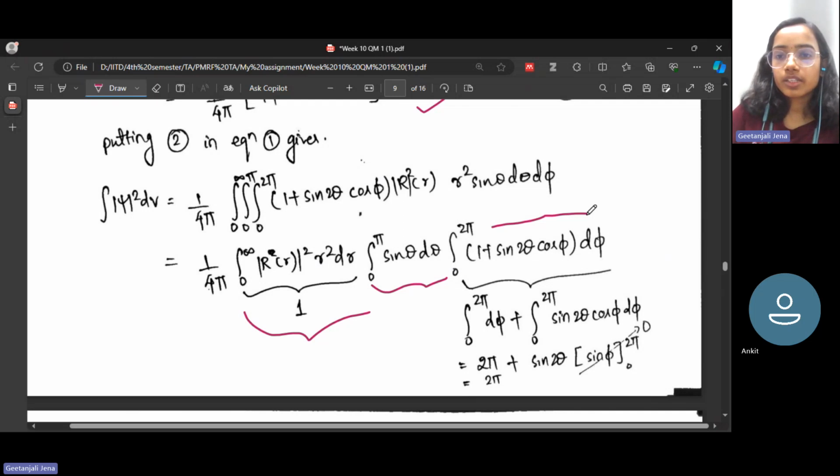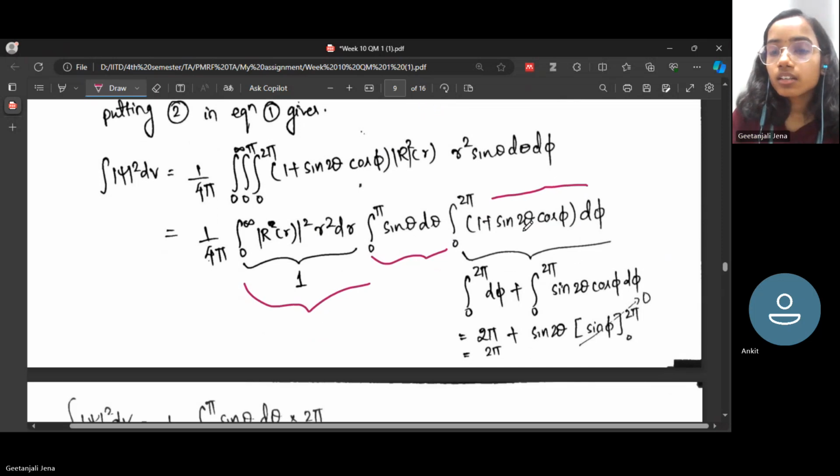For the third term, you just have to solve the phi term by taking theta as a constant, then you can integrate the theta term. So let's see what the value of this integral is.